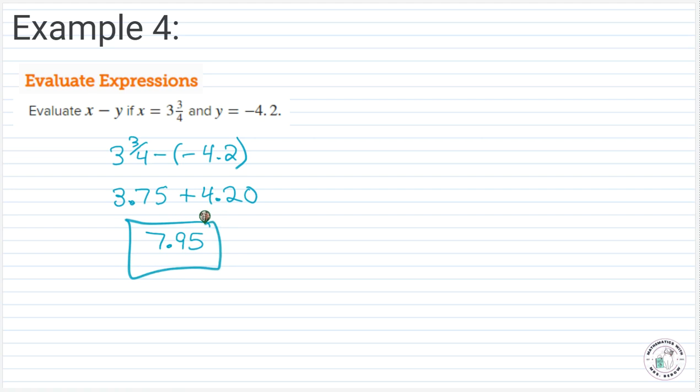If I were to do this using fractions, though, just to take a look at that, we would have, again, this problem rewritten as addition. So it'd be 3 3/4 plus that 4 2/10. So that's going to be 4, and then we can write that as 1/5, right? Because 1/5 is the same as 0.2 or 2/10. And then we need a common denominator. So a good common denominator in this case is going to be 20.